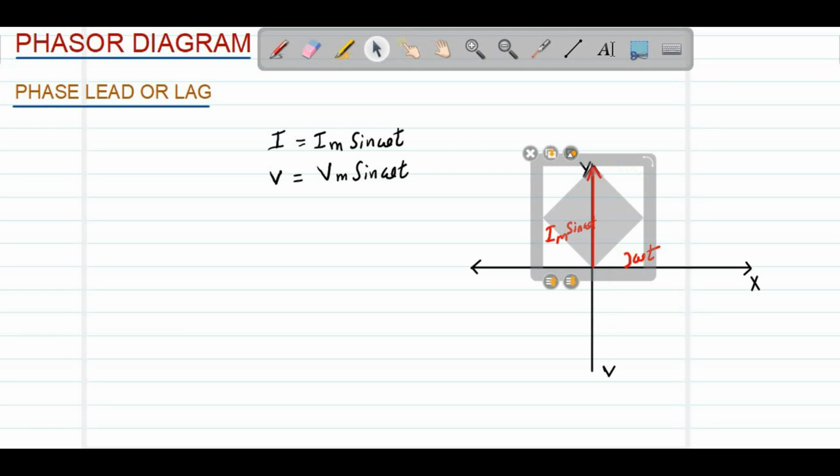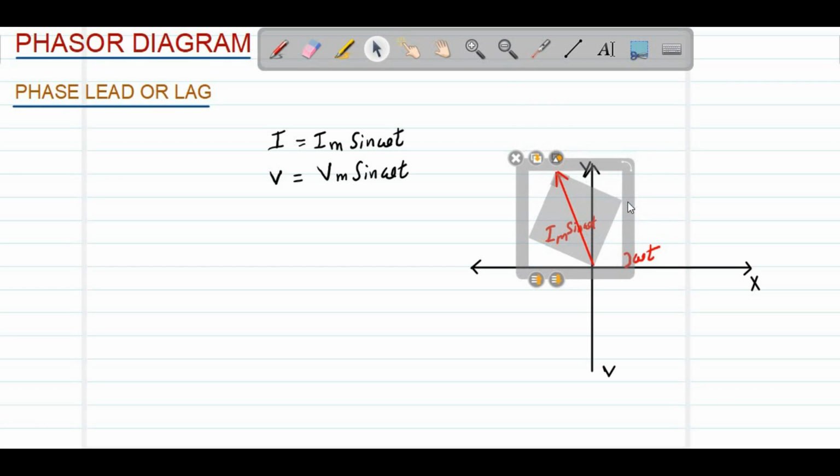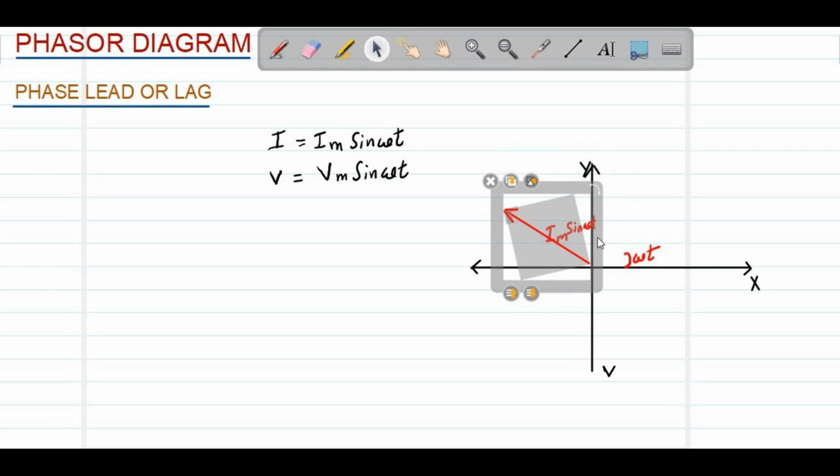Now if you imagine this vector rotating again in the anti-clockwise direction, we can see the component of this vector on the y-axis will start decreasing. Now the component on the y-axis will come only this much. Again, if it rotates like this, the component on the y-axis is from here till this point only.